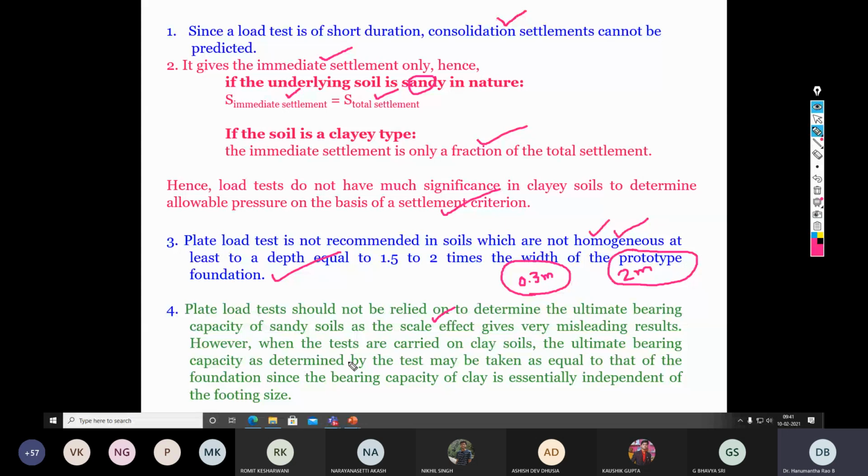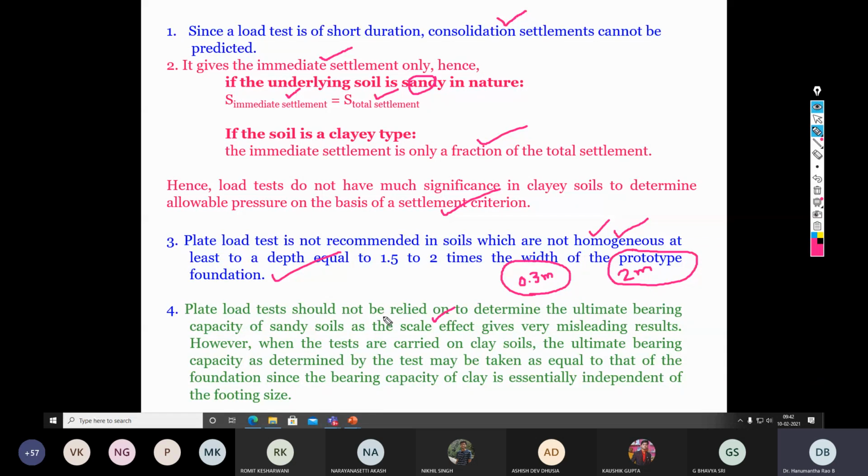Okay, however, when the tests are carried out on clay soils, the ultimate bearing capacity as determined by the test may be taken as equal to that of the foundation, since the bearing capacity of clay is essentially independent of the footing size. Okay, so from this point it is quite clear.